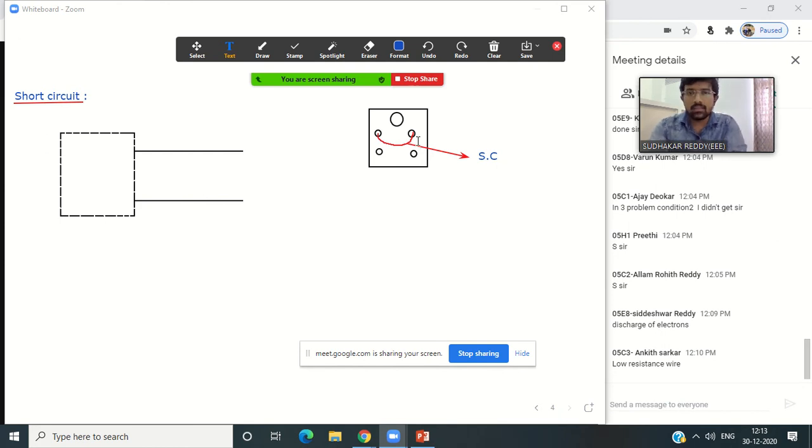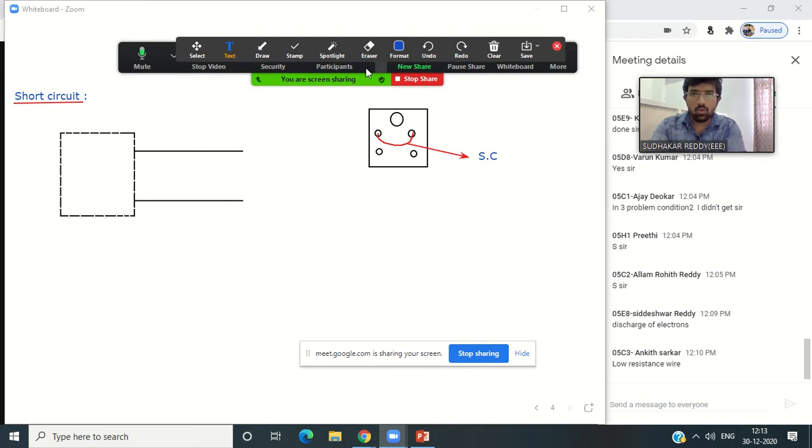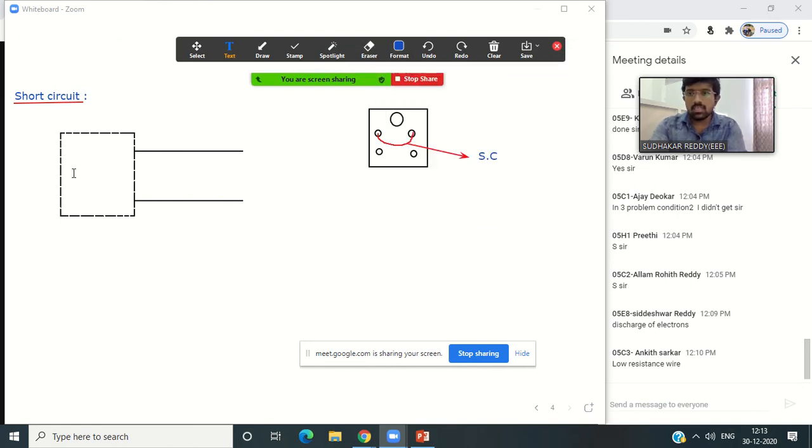To understand that, I consider a big network. The network may be your home itself. Consider your complete home as a network, and the holder will be there in the switch box.